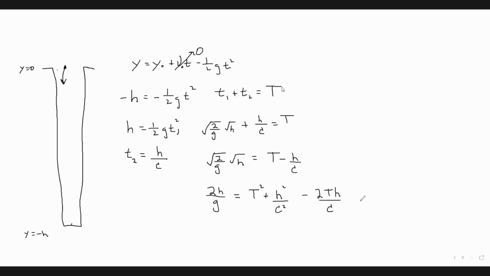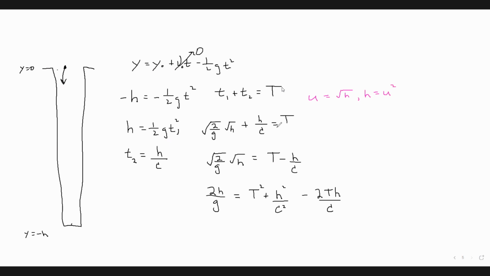Rearrange it and solve for h. You're good. Here's another way to do it. Take this equation right here and make a substitution. Let u equal the square root of h. Then, of course, h equals u squared.